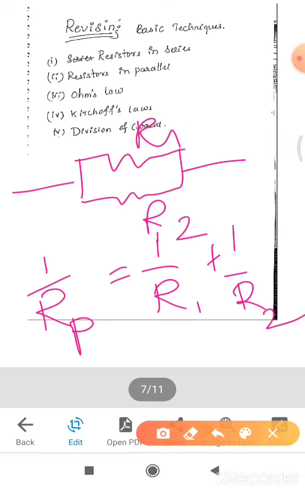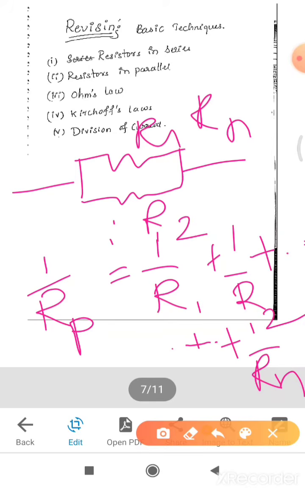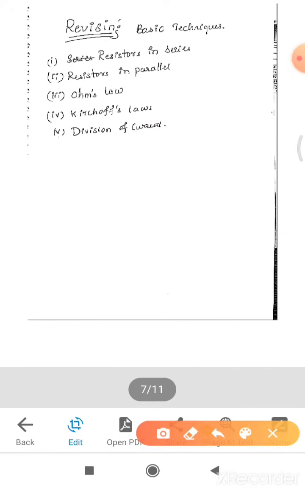If there are n number of resistances connected in parallel, then it should be plus, and so on, up to 1 by Rn. Just recall once.